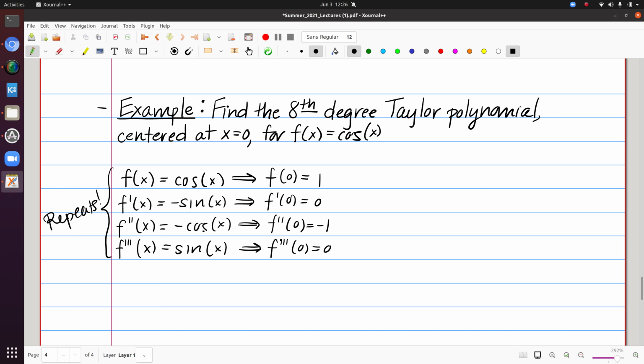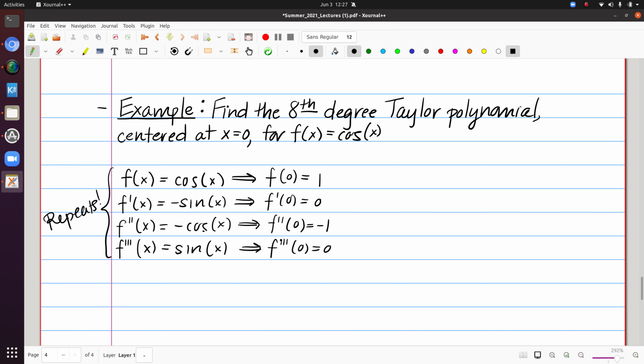So I really only need to find these derivatives and then just notice the pattern that the coefficients, or at least the numerators of the coefficients, are going to change between 1, 0, minus 1, 0, 1, 0, minus 1, 0. And really I could go up as far as I need, in this case only through the 8th degree, following that pattern.